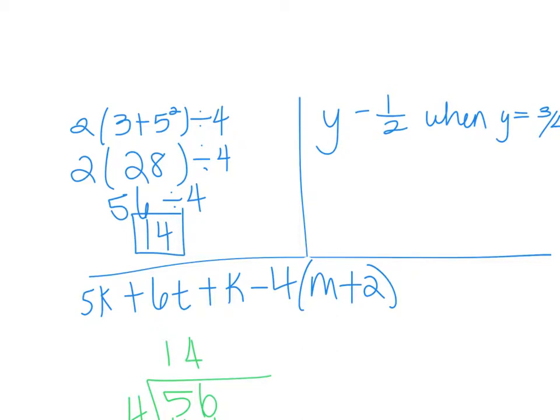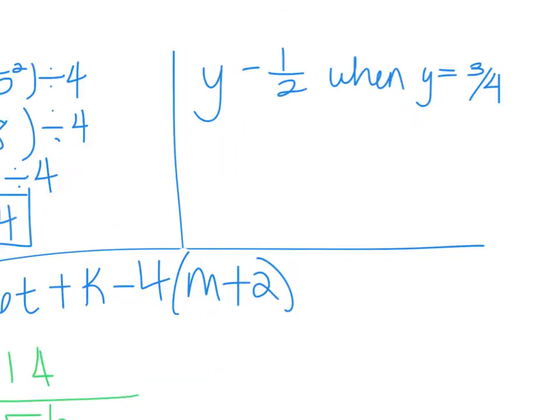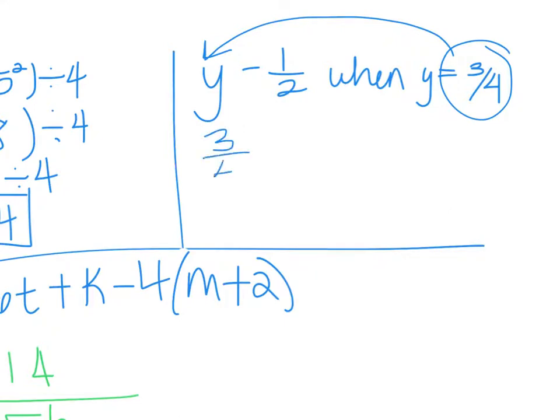Alright, over here to the right, y minus 1/2 when y equals 3/4. So I know that y equals 3/4, so I'm going to be plugging that in place of y. So this would be 3/4 minus 1/2. And whenever we subtract with fractions, you have to get a common denominator.